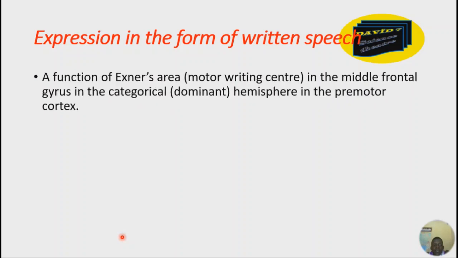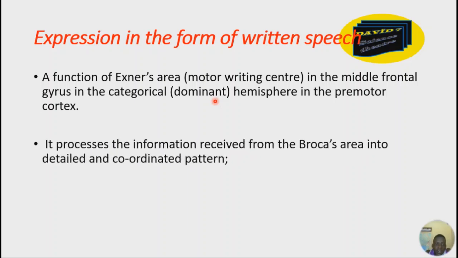In the written form, this is a function of Exner's area, the motor writing center. Exner's area is found in the middle frontal gyrus, in the dominant hemisphere, in the premotor cortex. It processes the information received from Broca's area into a detailed and coordinated pattern.